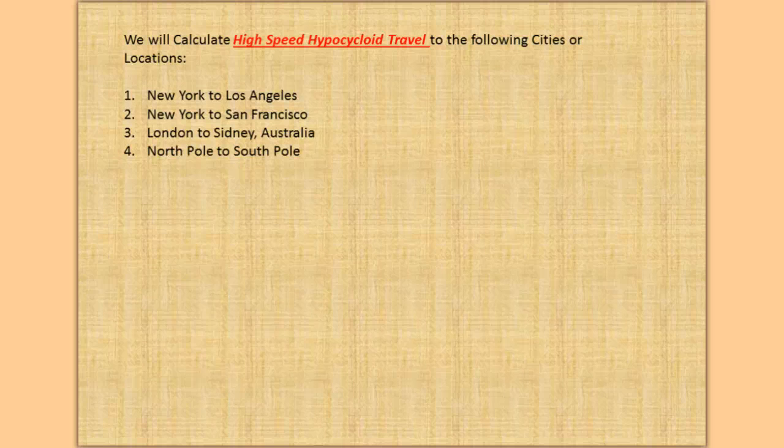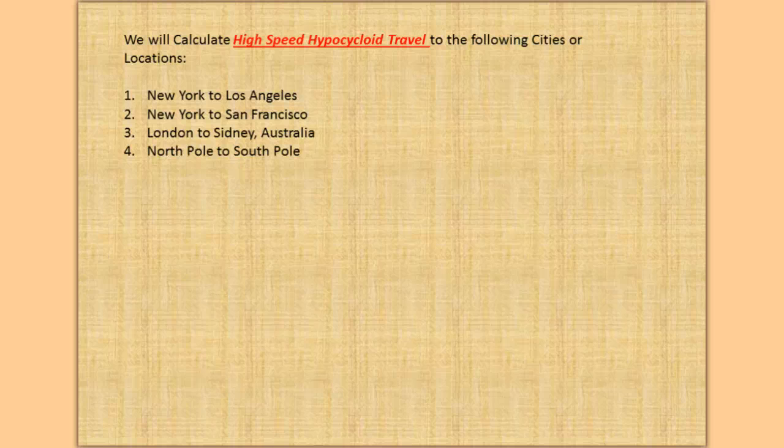We will calculate high-speed hypocycloid travel to the following cities or locations: New York to Los Angeles, New York to San Francisco, London to Sydney, Australia, and from the North Pole to the South Pole. The reason why I'm doing these different locations is to show you how this hypocycloid travel operates.